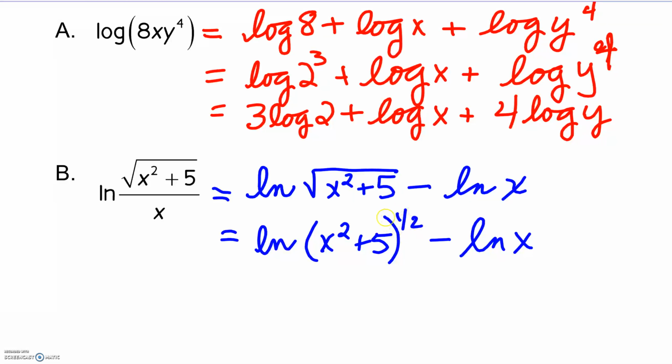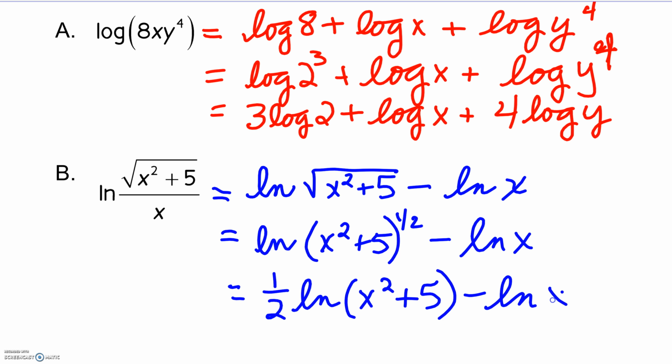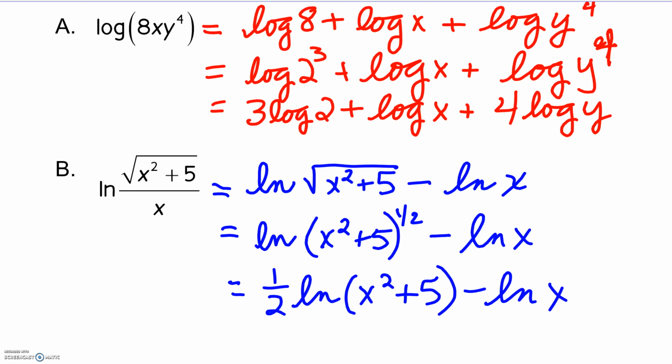Then you can take this 1/2 here and use the power property and make the 1/2 into a coefficient. Try that again. 1/2 natural log of x squared plus 5 minus natural log of x. Now, this is as far as you can go here.